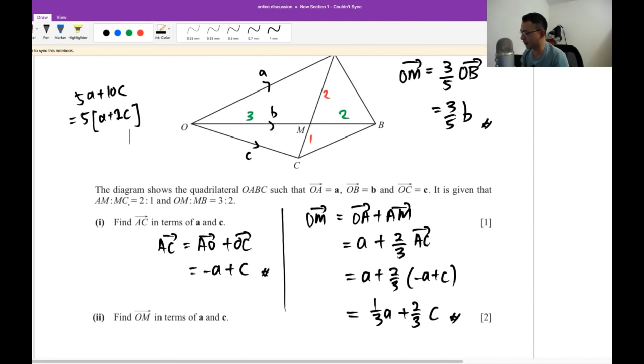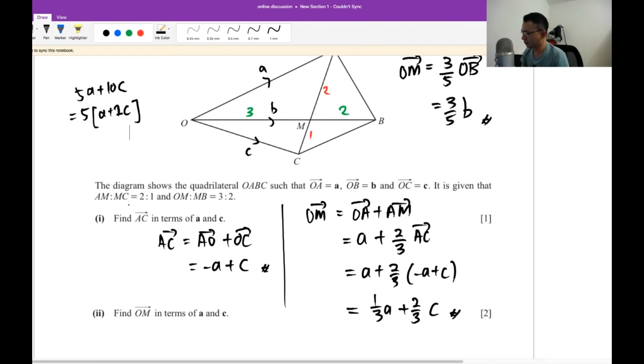Oh, I think they want to link between OM and OM. If I factorize out 1/3, I get A plus 2C. Okay, I see some connection here. So I'm going to do some substitution here. I will substitute OM into the OM.